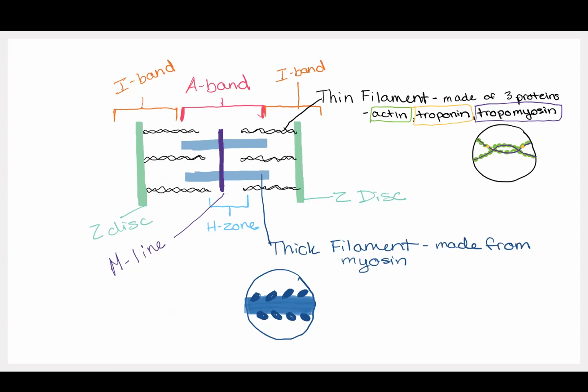The M line is labeled in purple, so that's the central part of a sarcomere. I'll talk later about contraction in the M line. The H zone is labeled in blue. The two I bands are labeled in orange, and the A band is labeled in pink.